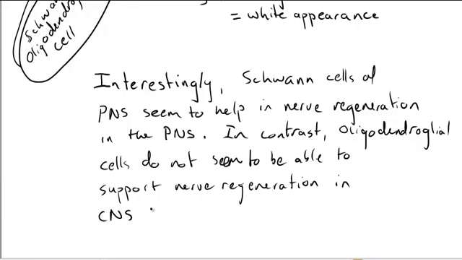And this, in part, contributes to the fact that we can't heal spinal cord or brain injuries because we can't regenerate nerves. This brings up an interesting question for scientists. What is the difference between these two cells? Because if we can understand why the Schwann cell can support regeneration, perhaps we can apply that to our central nervous system and help repair spinal cord and brain injuries.